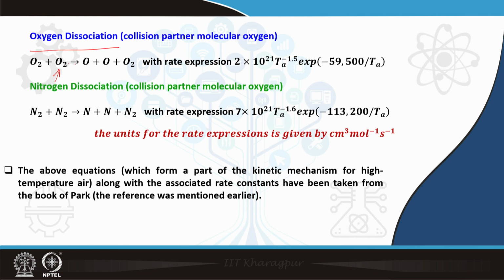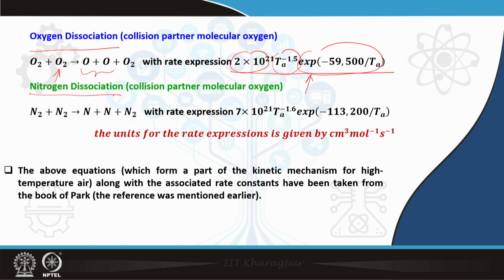You will find that there is a dissociation and the corresponding rate equation where the average temperature has been plugged in comes out in a form like this, where if you recall, this is more of a general form which we have seen earlier, where there is some kind of a coefficient here, there is a temperature term raised to an index, then another exponent term where temperature happens to be there in the denominator.